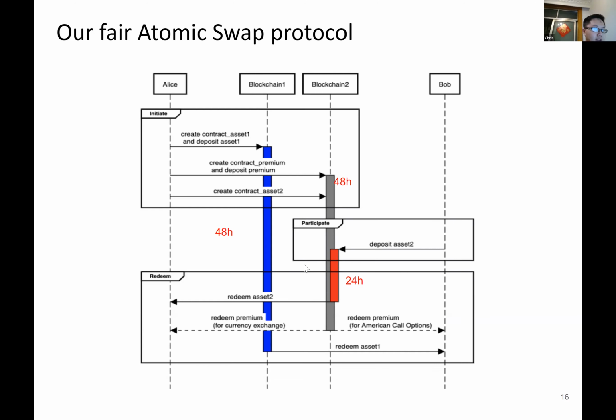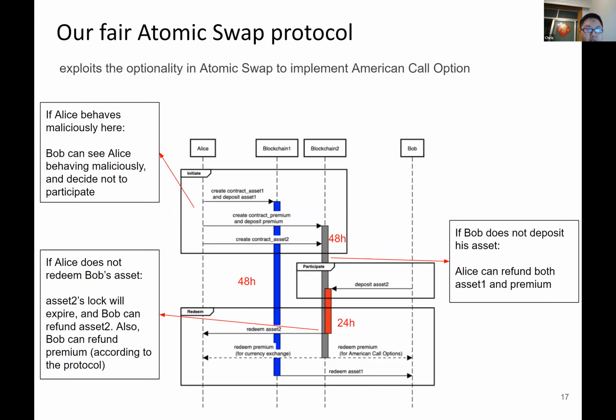Let me explain why we can mitigate such optionality. If Alex behaves maliciously here, Bob can see Alex behaving maliciously and decide not to participate in the protocol.